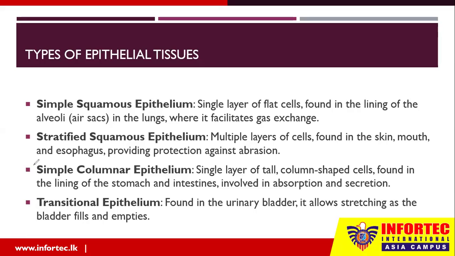Then coming to pseudostratified epithelium. In the pseudostratified epithelium, as I already mentioned, although it appears layered, all the cells are connected to the basal membrane, right? Sometimes this pseudostratified columnar epithelium can be ciliated, right?